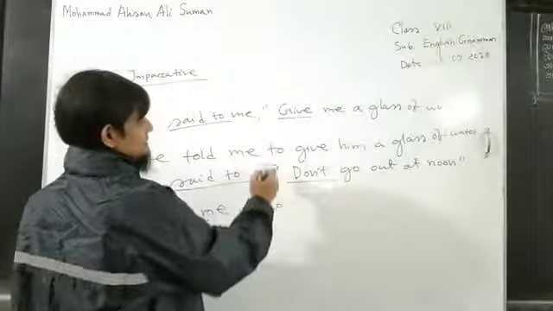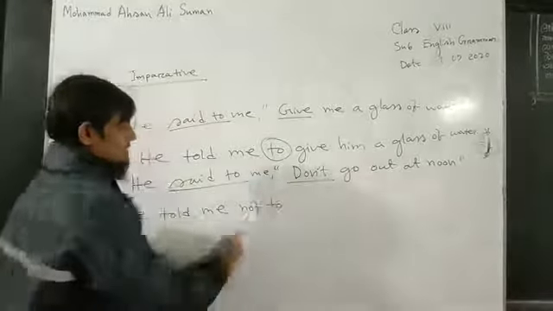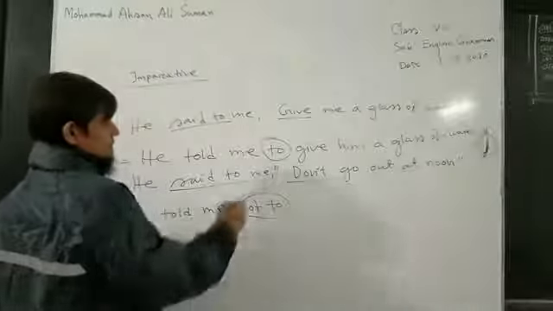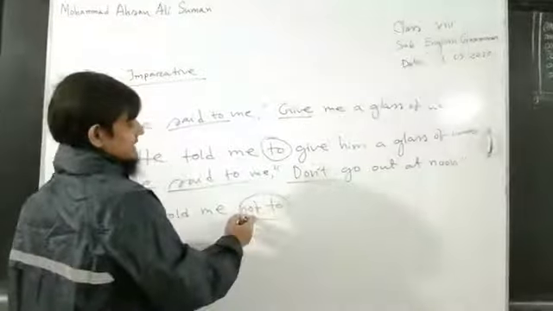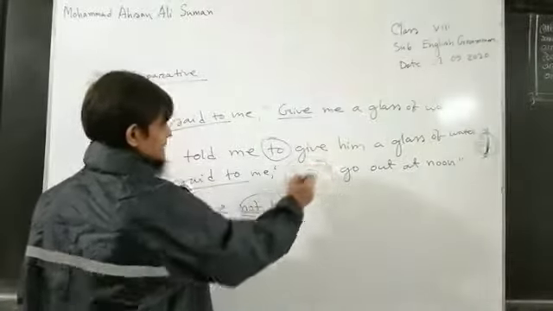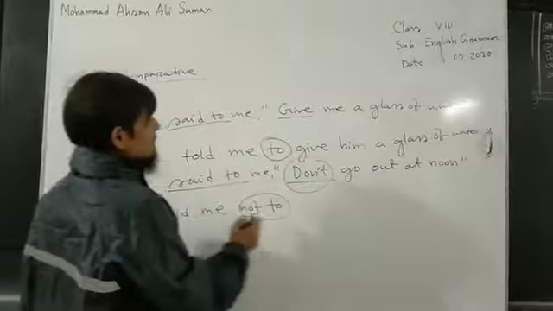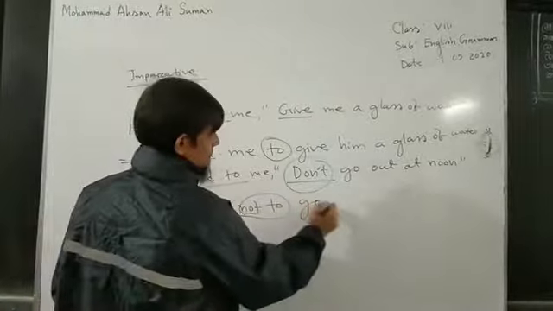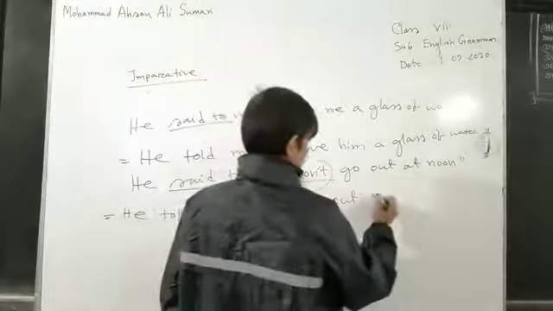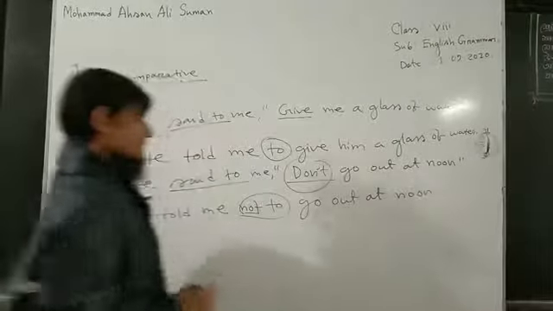The previous example used infinitive to, but here we use not to. We add not for the auxiliary verb don't to make it negative. He told me not to go out at noon.